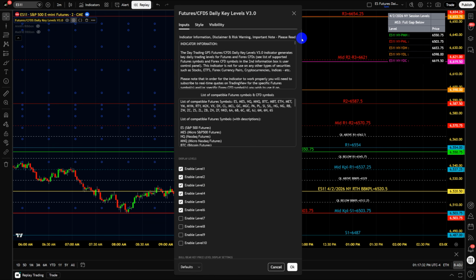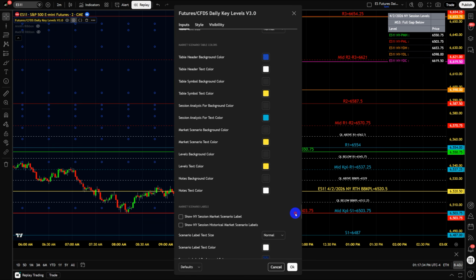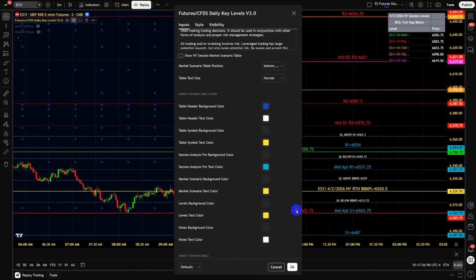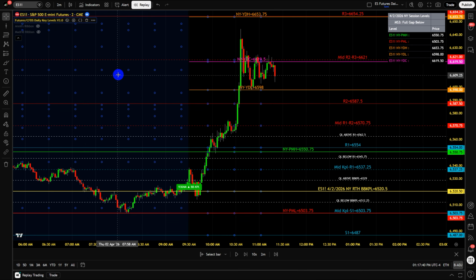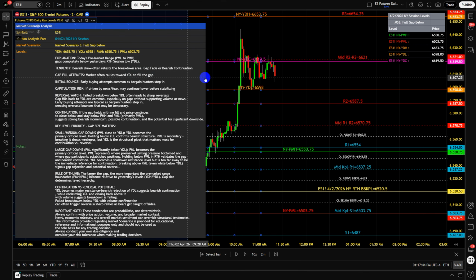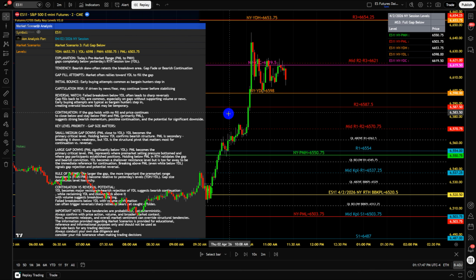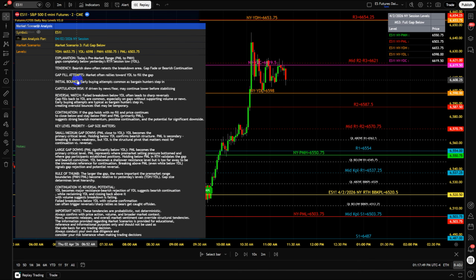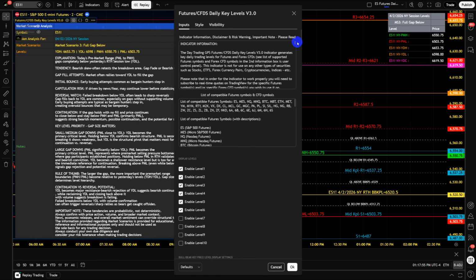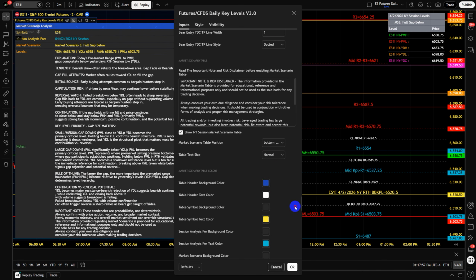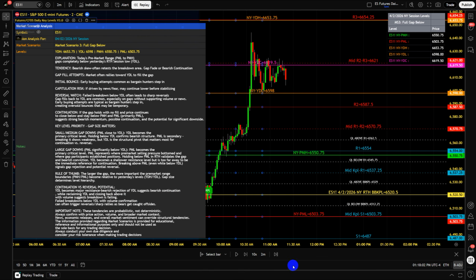So if you have your market scenario analysis table on, as you can see here, this is set to normal, so you can see how much room it takes up. You can set it to something that is less, for example, small.